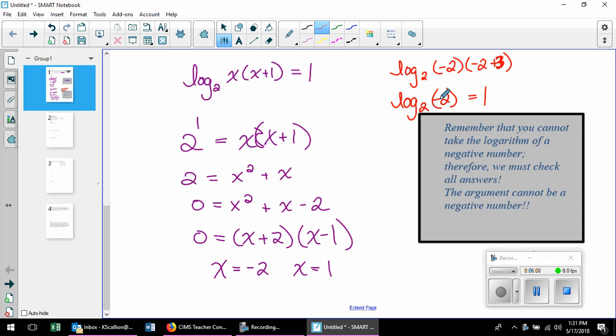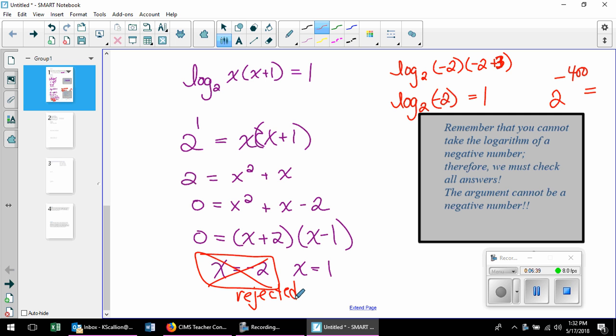Like if I have 2 to the exponent -400, is that going to be a negative number? No. And we're only dealing with logarithms with positive bases. We said that at the beginning. So there's no exponent that will change the argument to negative. Make sense? So this gets rejected.